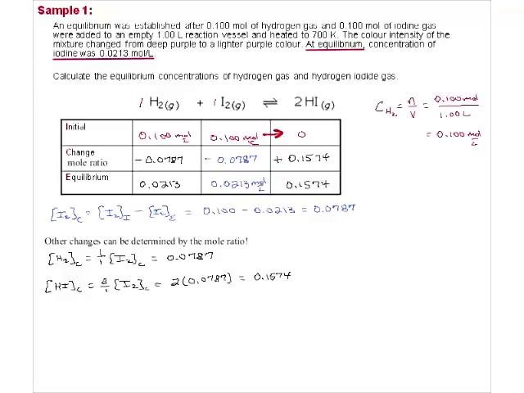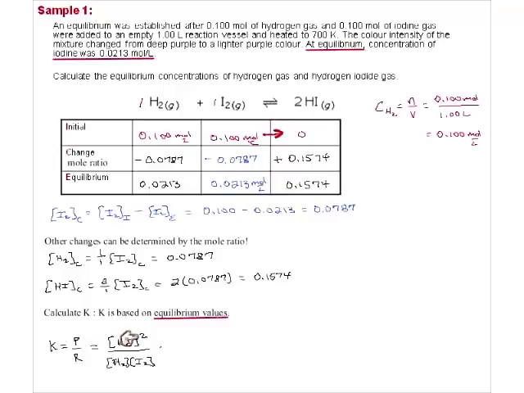What I'm going to do now is continue on and calculate K. Now that we have the equilibrium values, we should be able to calculate K. And K is simply based on the products over the reactants. That's what we've done in the last lesson. So in this particular reaction, we can see that hydrogen iodide squared, that's where the squared comes from because there's a 2 in front of the hydrogen iodide.